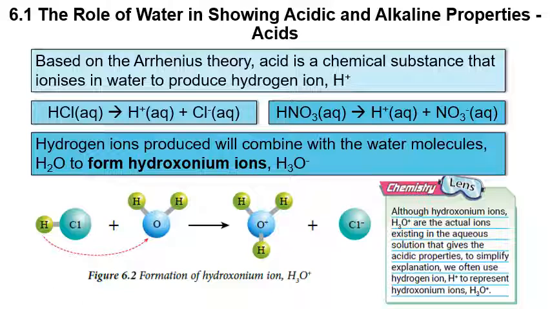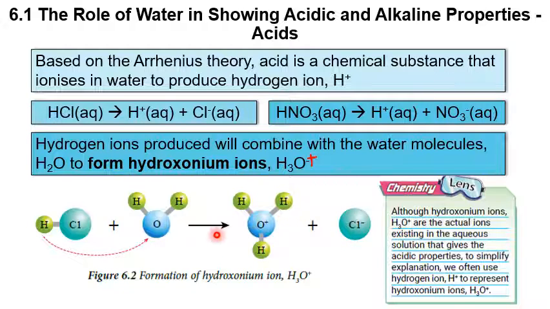The charge is positive here, not negative, positive. The figure shows the formation of hydronium ion H3O+. For example, hydrochloric acid will ionize in water and produce hydronium ion H3O+ and chloride ion.